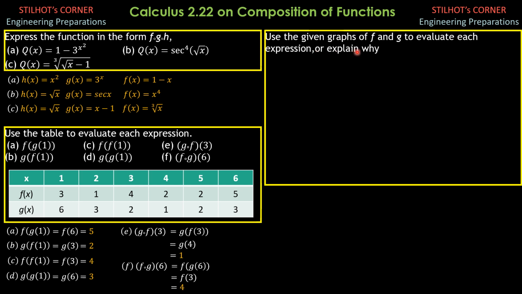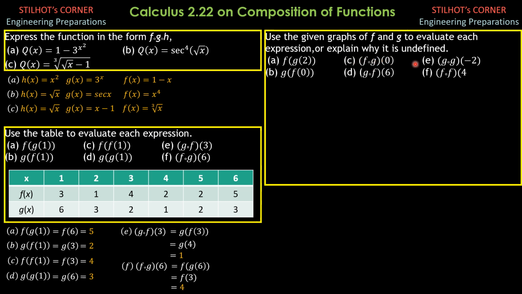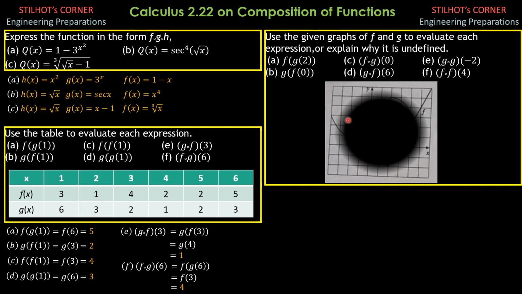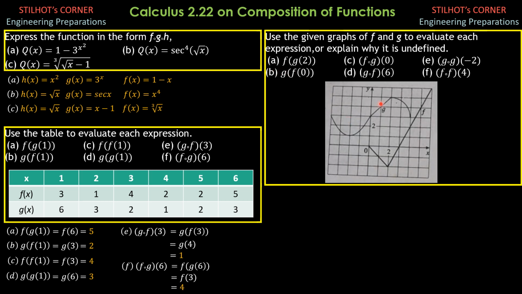Use the given graphs of f and g to evaluate each expression or explain why it is undefined. So we have 6 parts here, and this is the given graphs of f and g. So f of g of 2. G of 2 is 5.